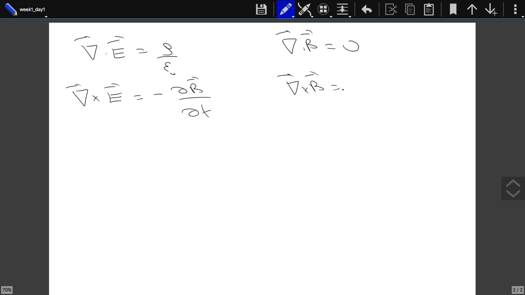Curl of B is equal to mu 0 J, or Ampere's law, plus there's also the displacement current, which basically tells us that any changing electric field should be creating a magnetic field.